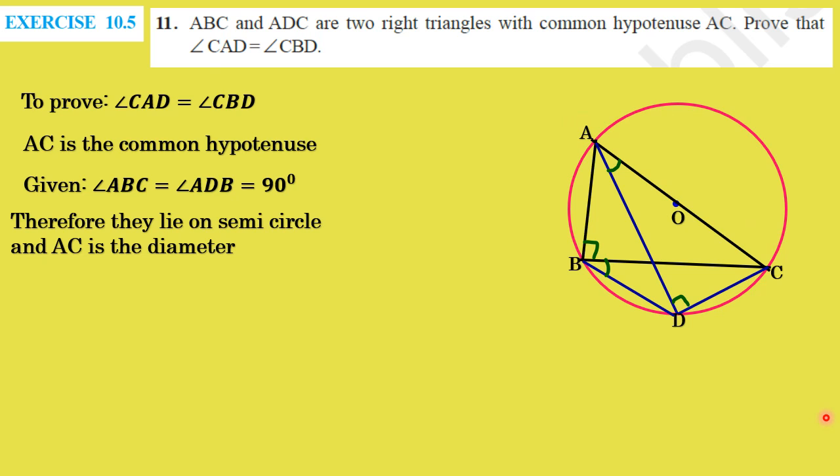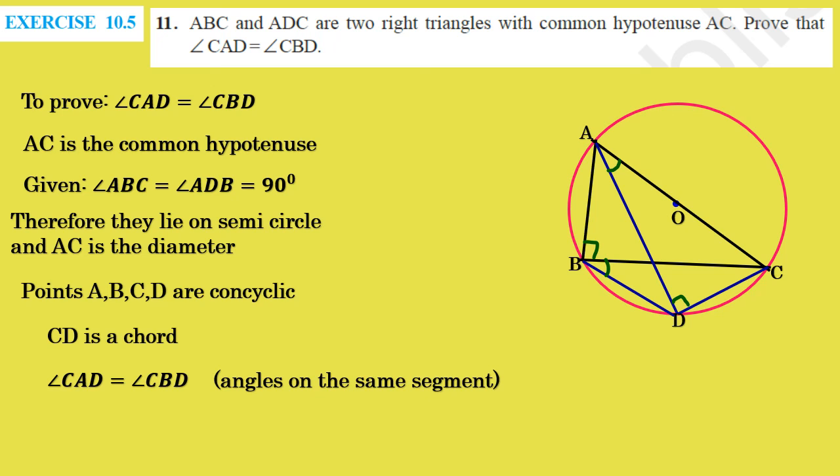That means AC is the diameter. Therefore, A, B, C, D, the points are concyclic. So, CD is a chord. Now, see, CAD and CBD are angles on the same segment. So, they are equal.